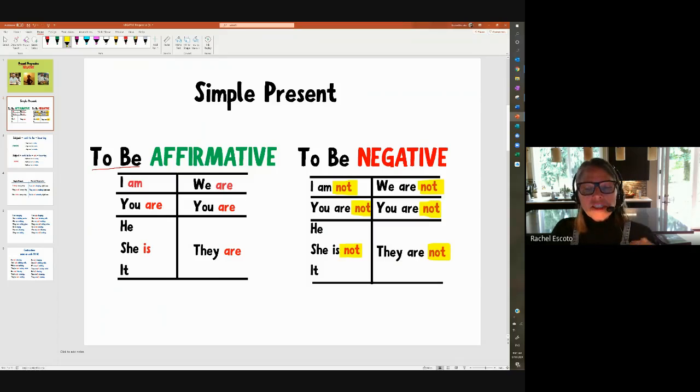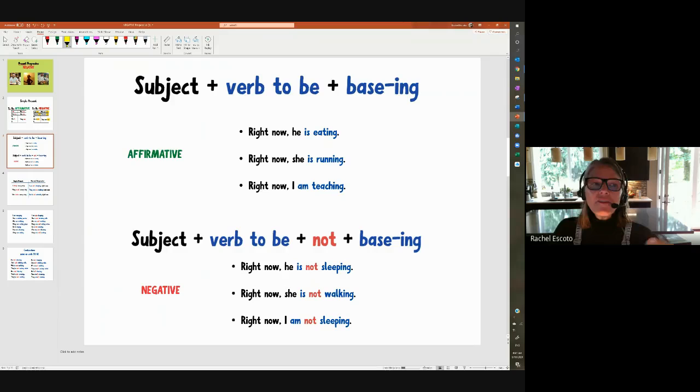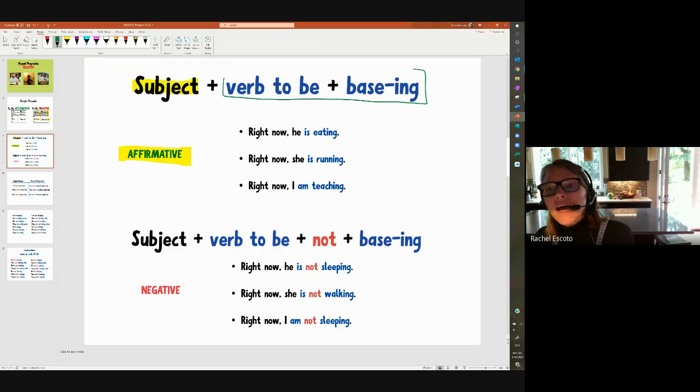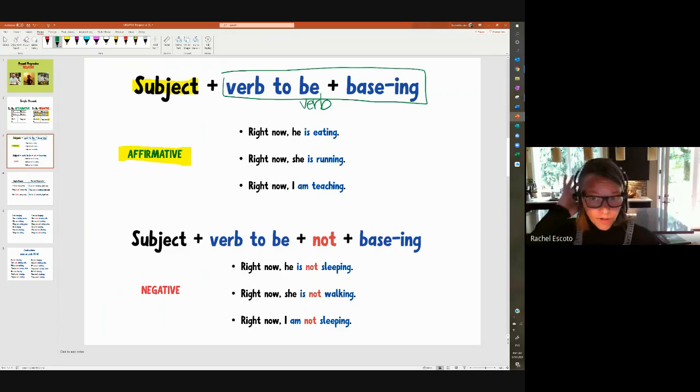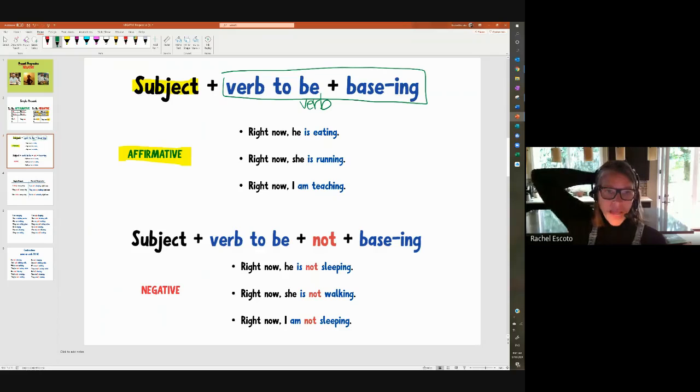Okay. So in the affirmative progressive, we use a subject and then we use the verb to be plus ing. This is our verb right here, right? It's our progressive form of the verb. And the verb to be agrees with the subject.